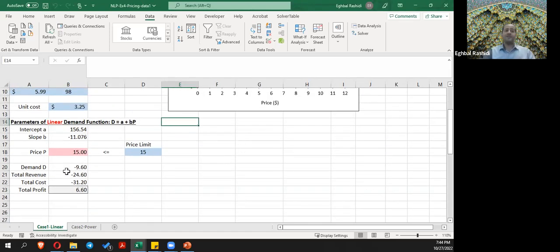So it found a solution. It is exactly 15, but we are not sure whether this is actually optimal or not.